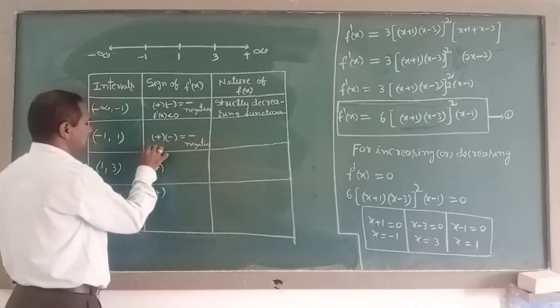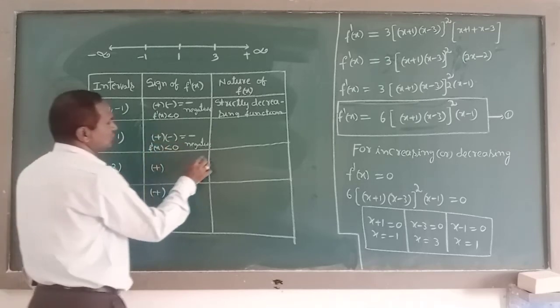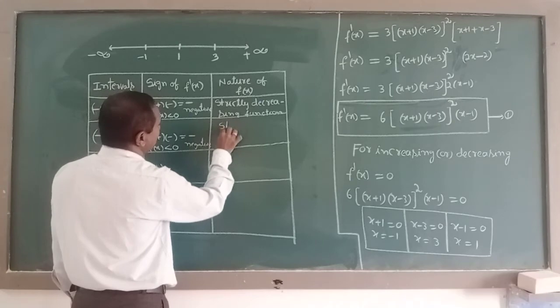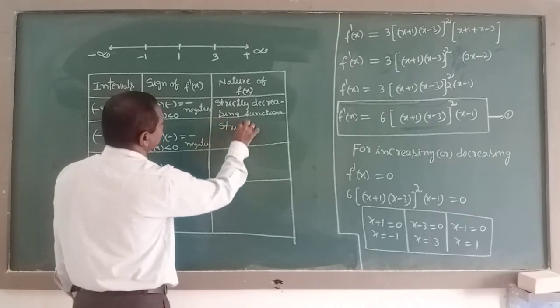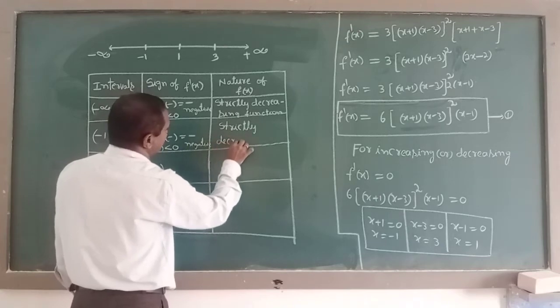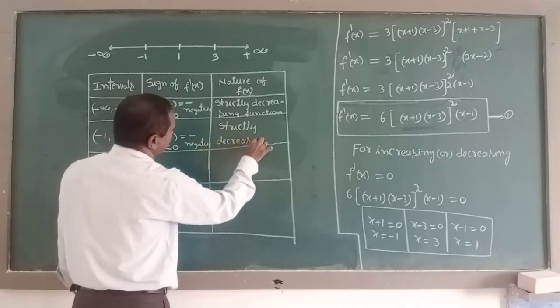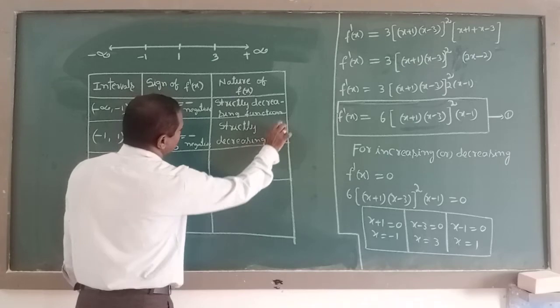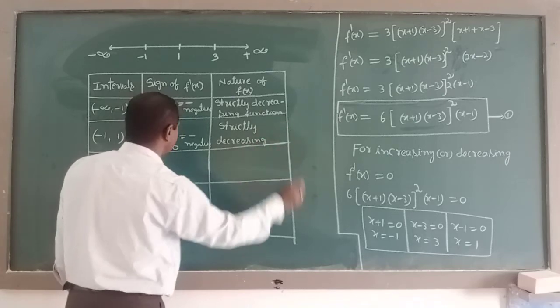Negative means f dash of x is less than 0. Less than 0 means we can write strictly decreasing function.